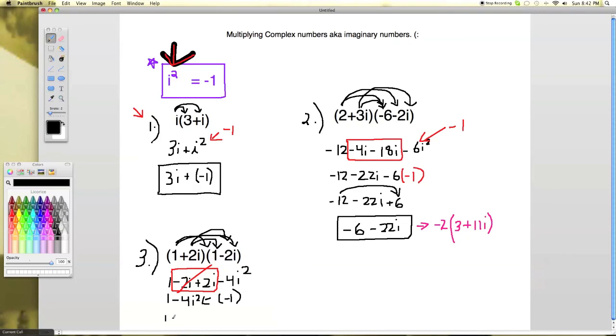So this is going to equal 1 minus 4 times negative 1, which is going to equal 1 plus 4, since negative 4 times negative 1 is positive 4, and 1 plus 4 equals 5. So that would be your final answer. And that's how you multiply imaginary numbers.